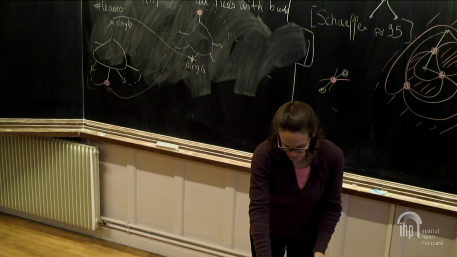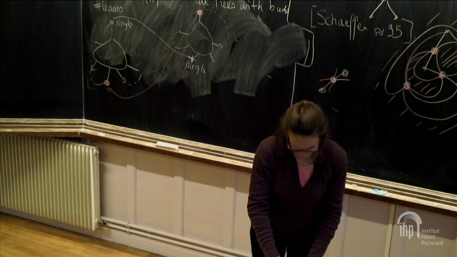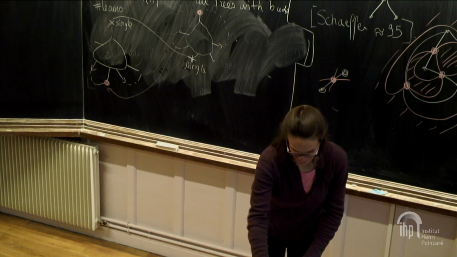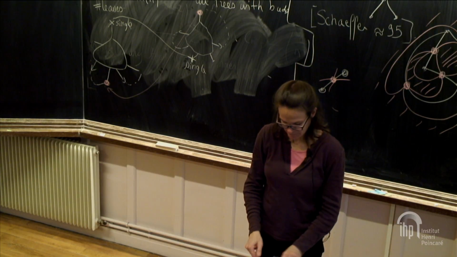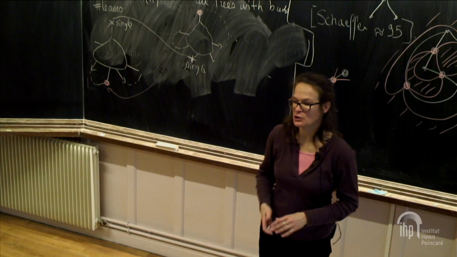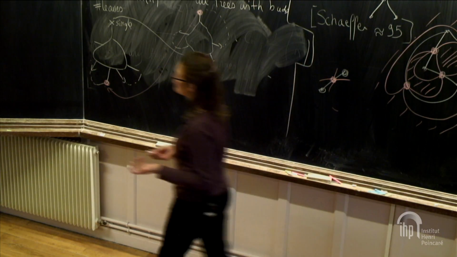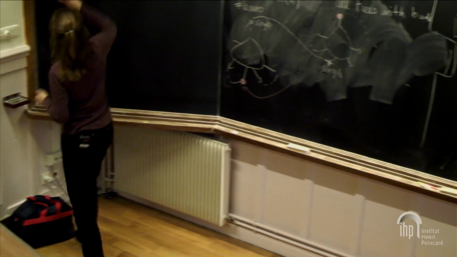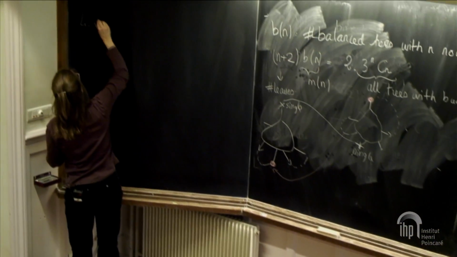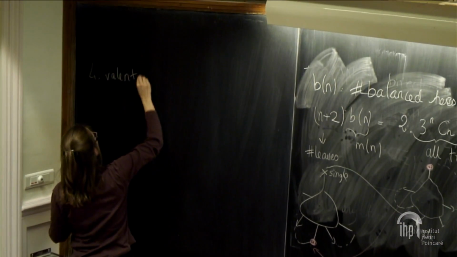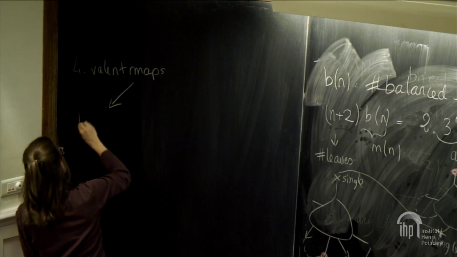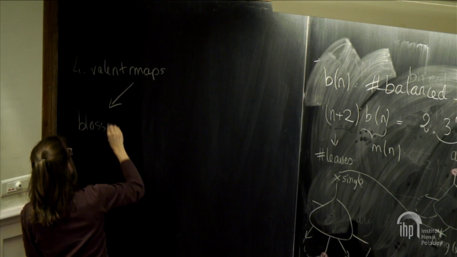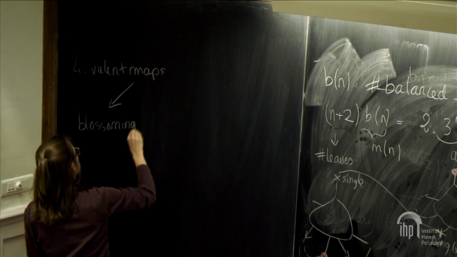So my original plan was to present for these 4 valent maps 2 bijections. So that's one with those trees with buds, which are sometimes called blossoming trees.